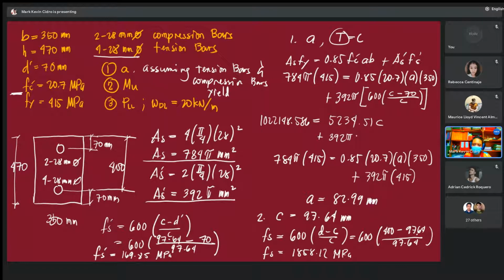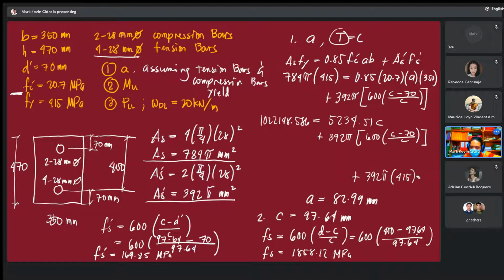392 pi multiplied by 600 multiplied by (c minus 70 all over c). As you can see, there is only one unknown now, the value of c.